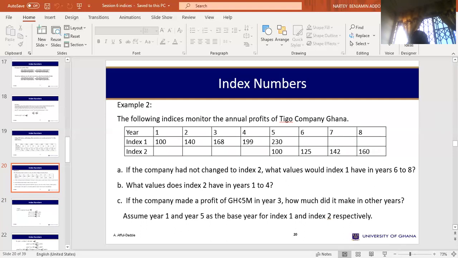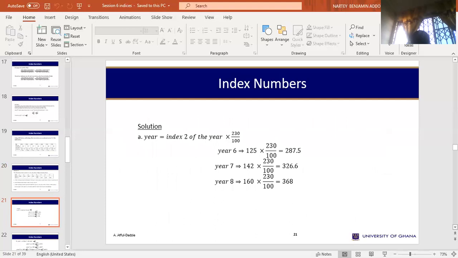And so it should be, if it is our Pn over P0, then for year 6, it should be 125 over 100 times 230.